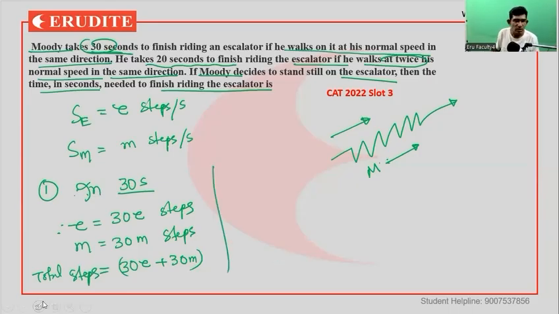Next, what happens in 20 seconds? Now the speed of Moody becomes double. The escalator speed is the same, E, but Moody's speed is now 2M.